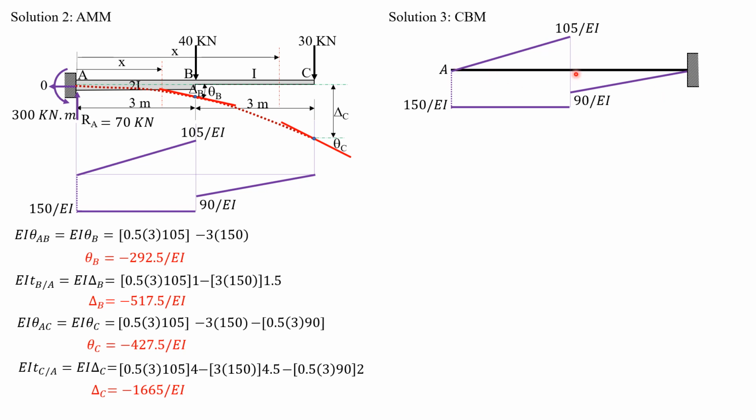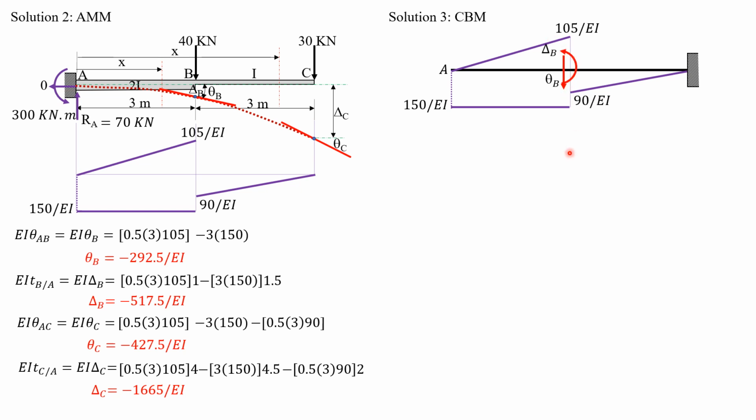Because this is the left and this is the right section, if we consider AB, the positive shear is downward. Then, considering AB, the positive moment is counterclockwise. So let's assume all slopes and deflections positive.